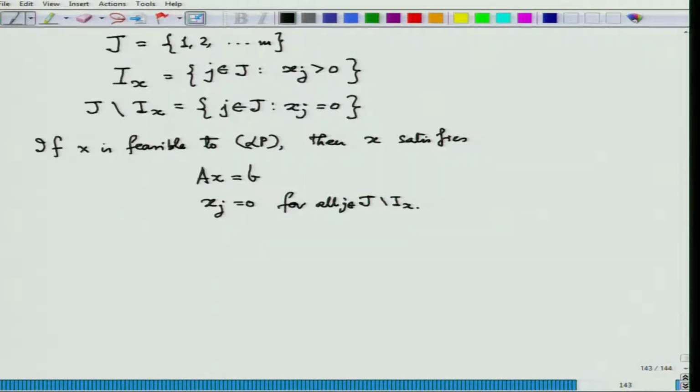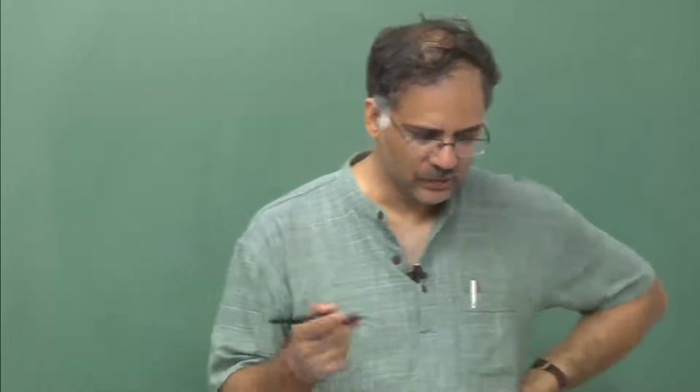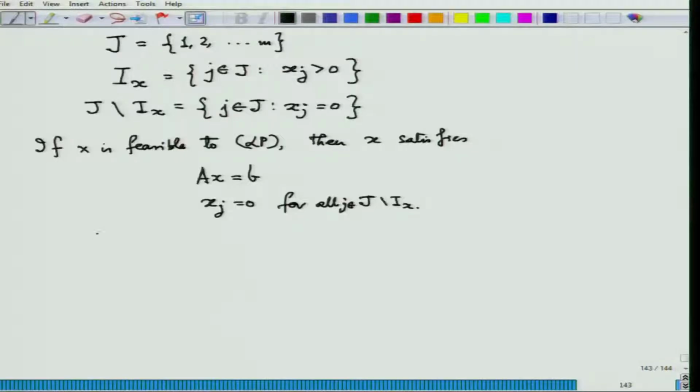So, we can write the matrix, it is similar to the splitting that we did for basic and non-basic, it is quite similar, but if you write the matrix now of the equation, we can write it in this way. So, Ax equal to b can be reformulated.